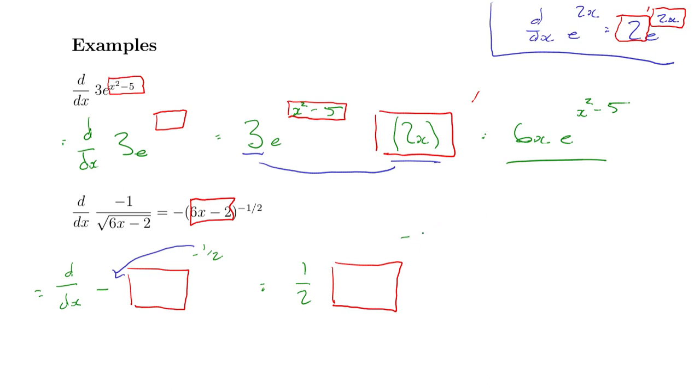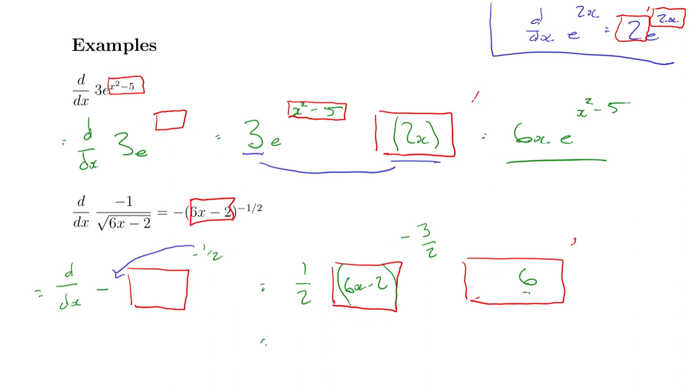That's negative half minus 2 over 2. So that's negative 3 over 2. And now we need to multiply by box prime. So let's go ahead and fill things in. Our box was 6x minus 2, and the derivative of that is 6. At this point, I can start rewriting things. I've got a negative exponent, so I'm going to go ahead and put that whole thing in the denominator with this 2.